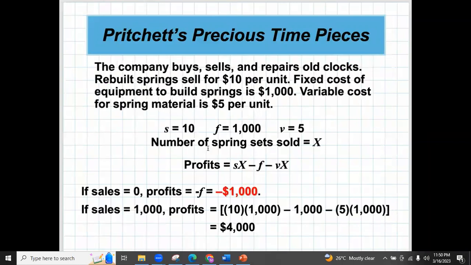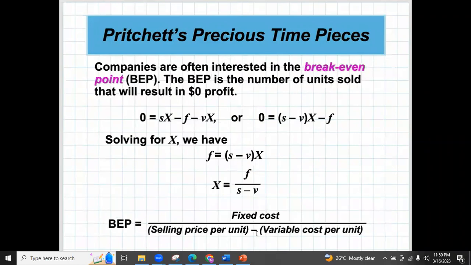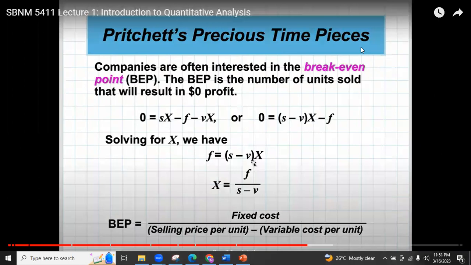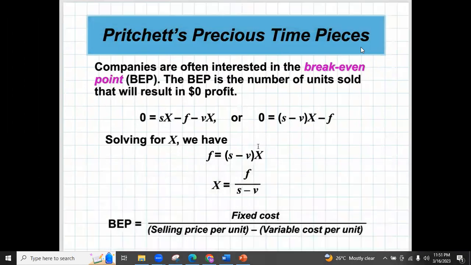So what they did was they did this, and if sales are 0, the profit is minus 1,000. If the sales are 1,000, the profit will be 400. So we go to this point of break even where we solve it like this. Profit is, this is actually 0, but if this was P, it would be the margin times X minus the fixed cost is going to be the profit.